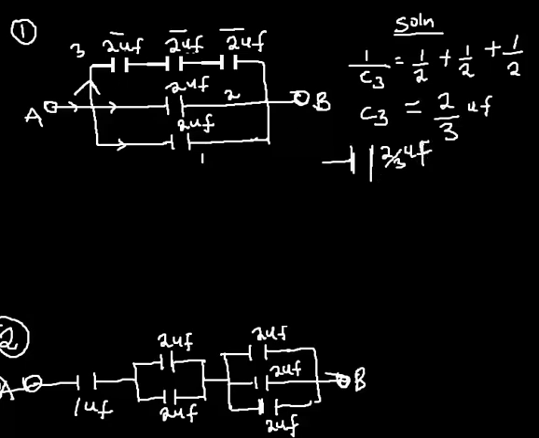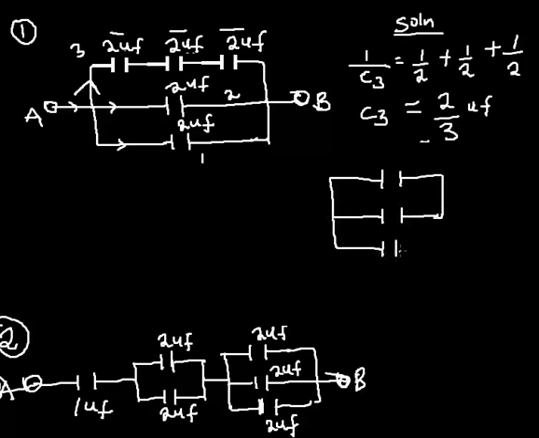I can just use one single capacitor to represent the equivalent, and I have the second branch and the first branch. All these three branches are in parallel, between terminal A and terminal B.